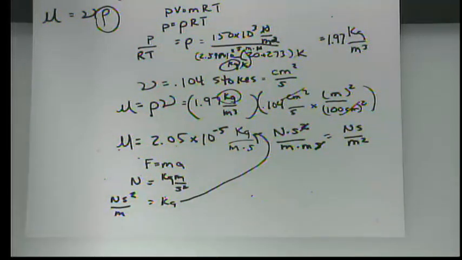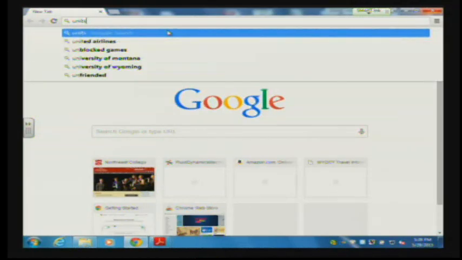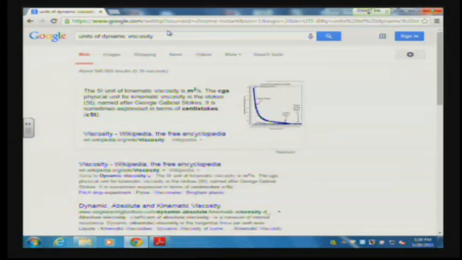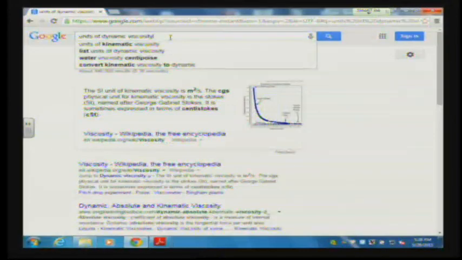Now, there's one other thing that I want to show you in terms of units for dynamic viscosity, because there's a different unit. The kinematic viscosity, of course, is a centistoke, and dynamic viscosity is measured in what's called a poise.